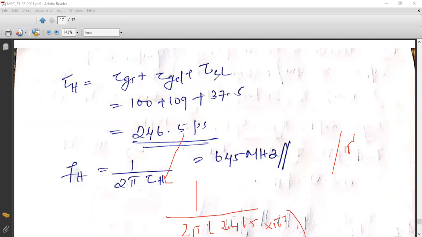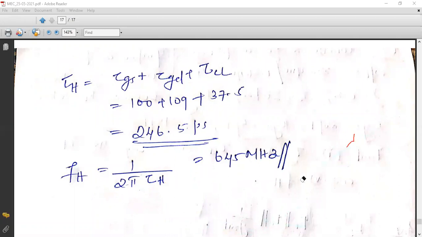Now coming to the next portion of this particular module, that is the cascode amplifier. Let me share the screen.